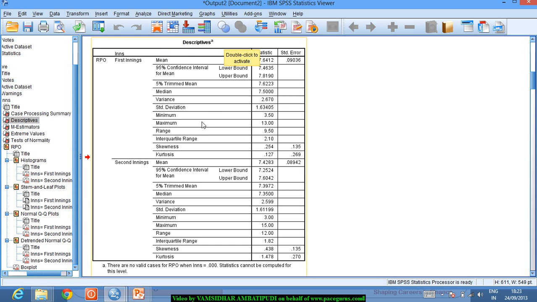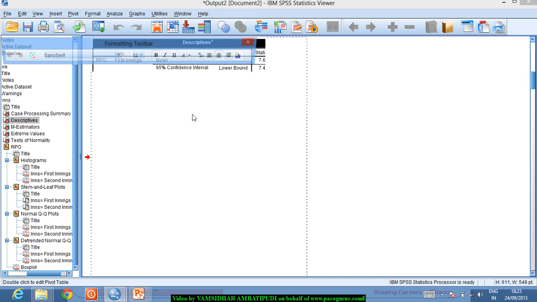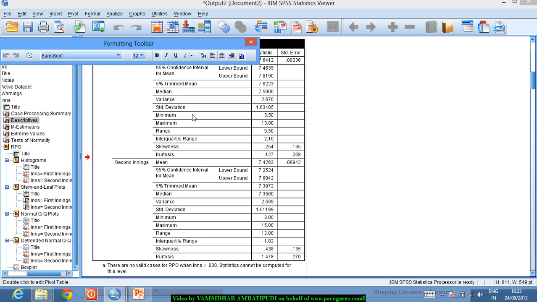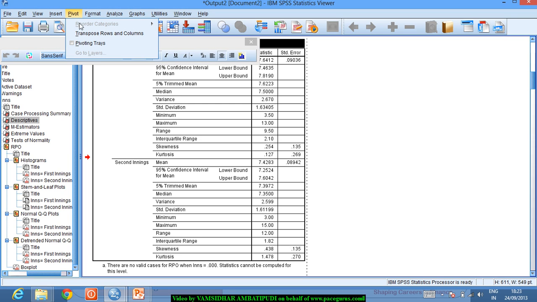If I am not interested in comparing like this, and I want a simpler table, I can use the concept of a pivot table here. Double click on this, and I can go into the pivoting tray.